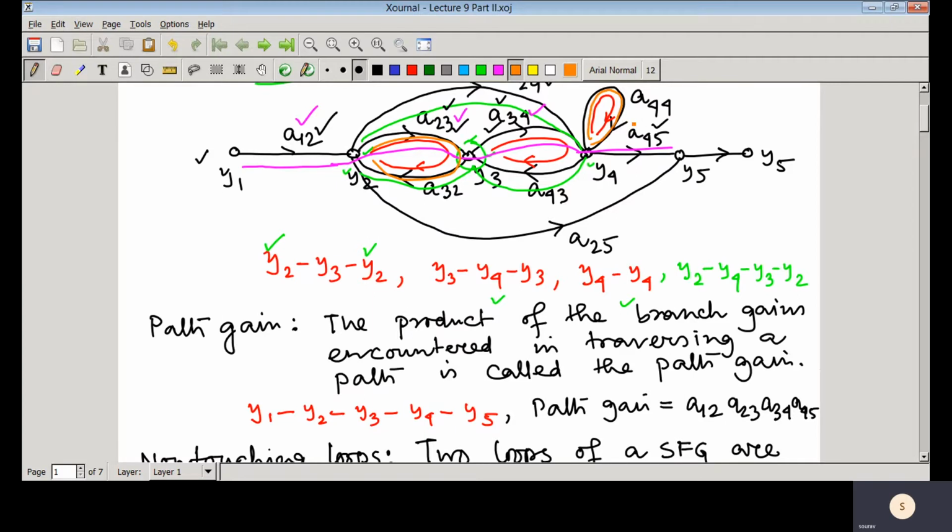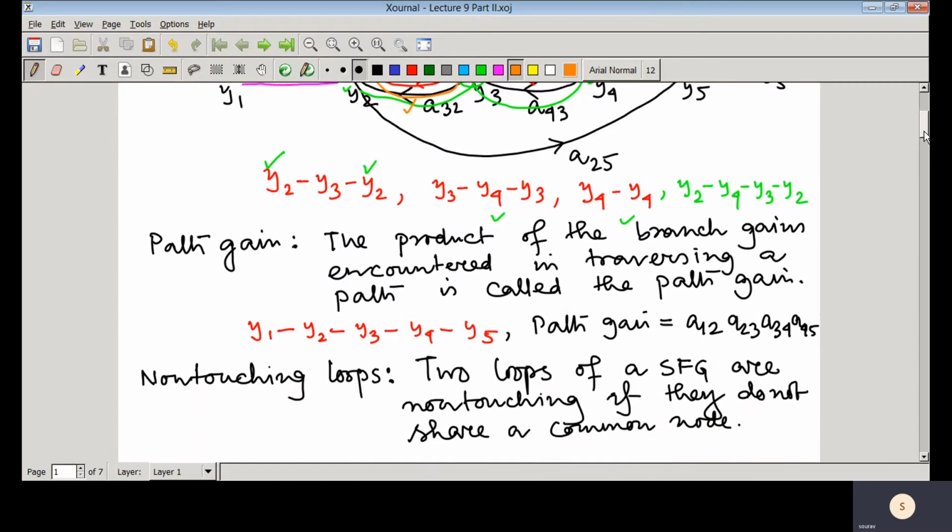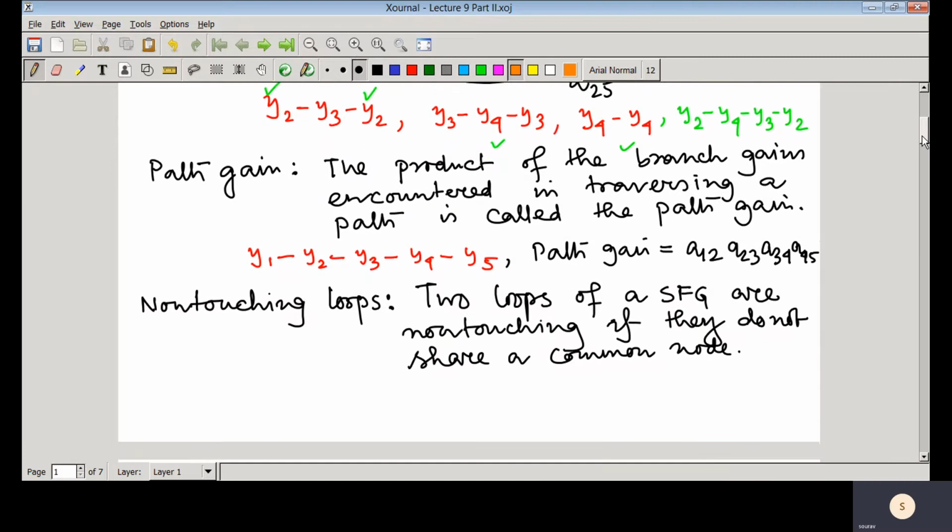You can see that this loop and that loop, these two loops, do not have any common node. So in this example we have a pair of non-touching loops. That is y2, y3, y2, which is one loop, and the other loop is the self loop, y4. So these are the two loops which are non-touching.